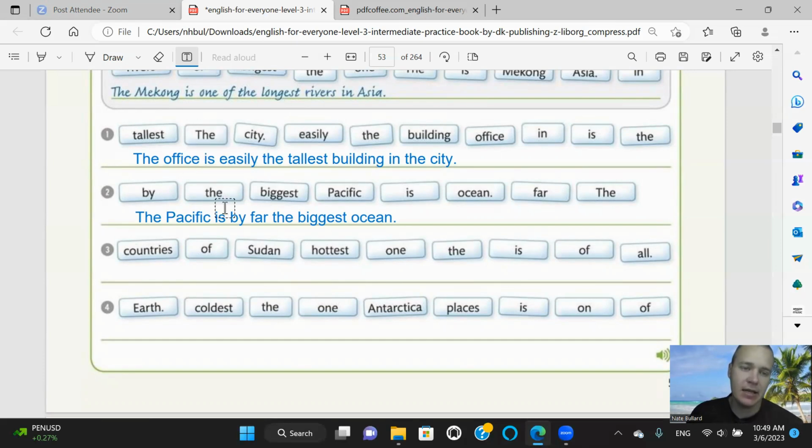Después de is. O sea, si el verbo es is, the adverb va a ir después de is. Si es otro verbo, va a ir antes. Pero en el caso de is, va a ir después.